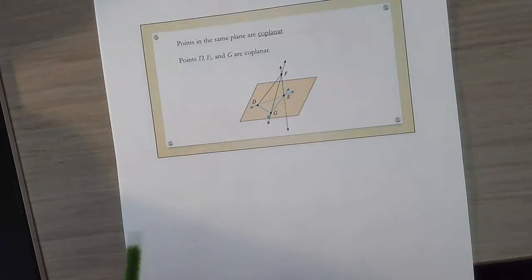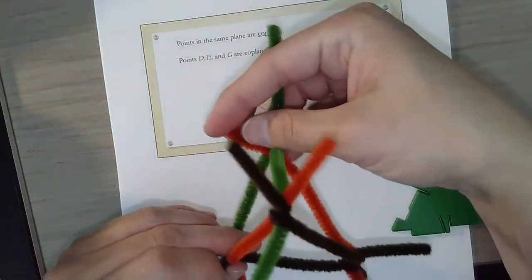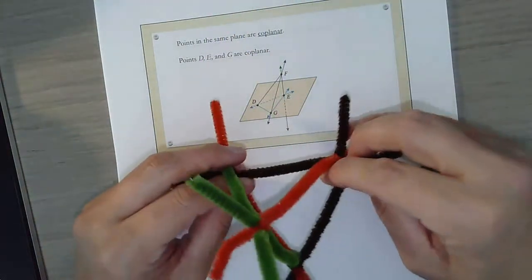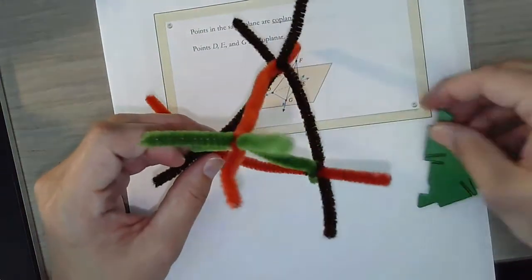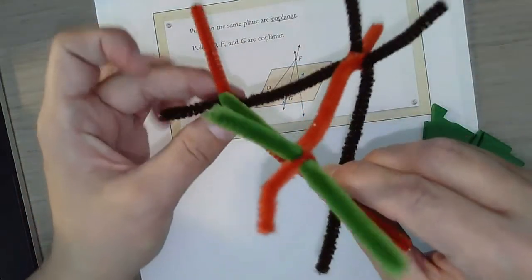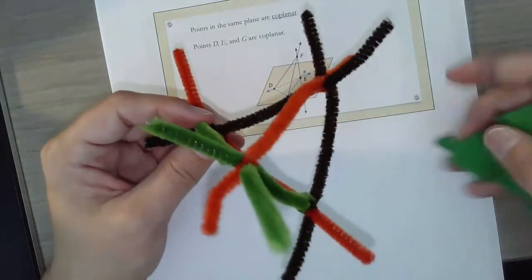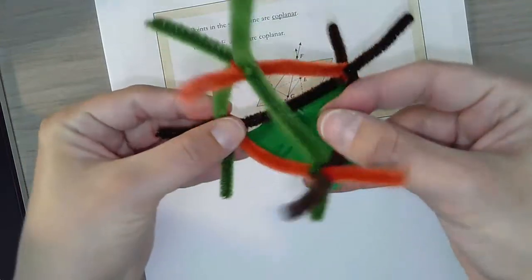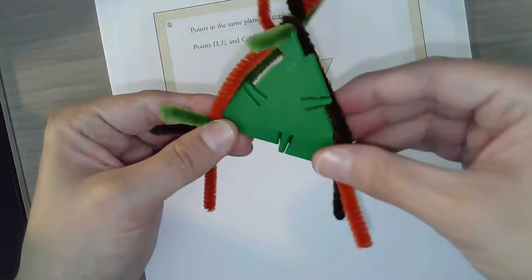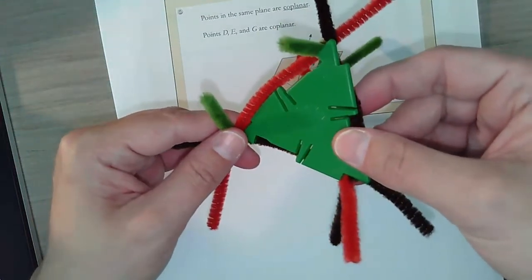I've designed it with some pipe cleaners, and it looks similar, even though you're not going to be able to tell. Okay, so this bottom part, let's just say that this is point D, this is point G, and this is point E. If I hold up something like this, you'll notice that those 3 points are within this plane, okay?